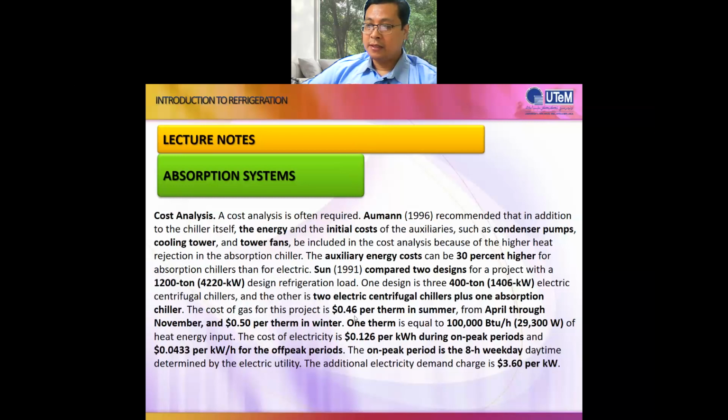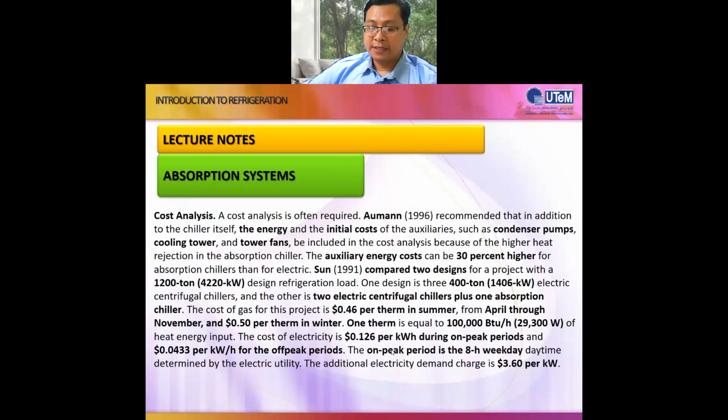So that means we will get a low price by operating the refrigeration system using the absorption system. And then in the winter, they will be 50 cent dollar per therm in winter.